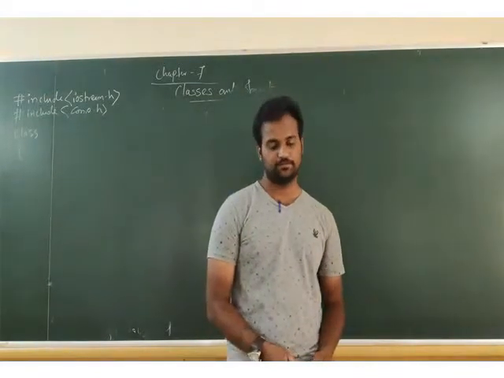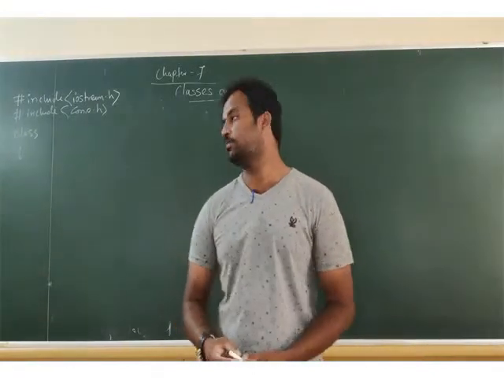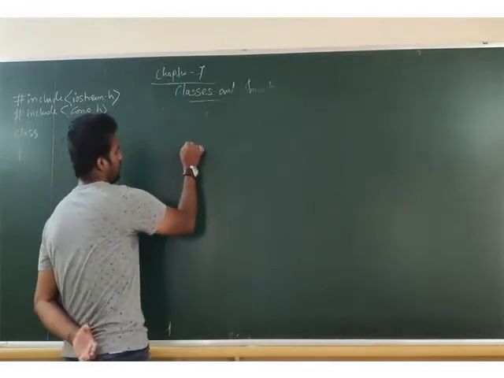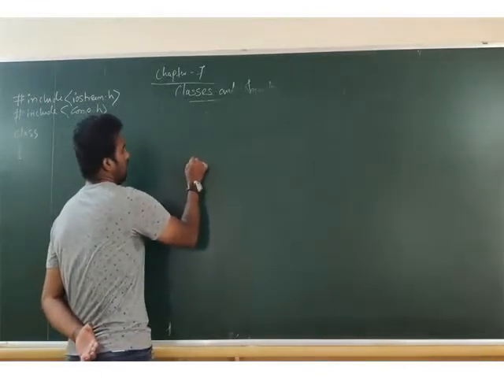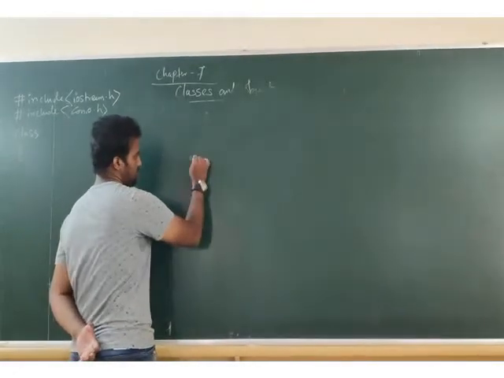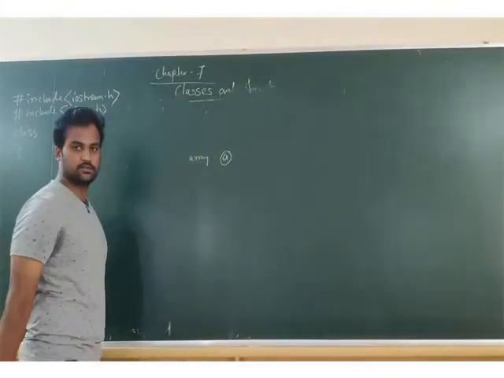How so? What do we have to write? See, object we already know. An object is an instance variable which is followed by the class. Array a, this is the object.